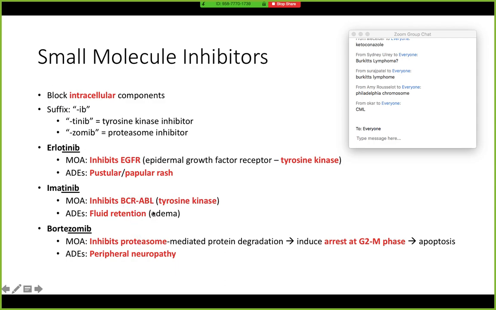Philadelphia chromosome, yeah. What does CML stand for? Right, chronic. So chronic myeloid leukemia, yeah. So definitely associate BCR-ABL with CML.